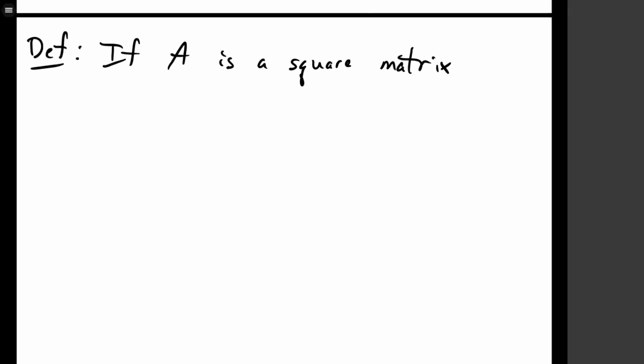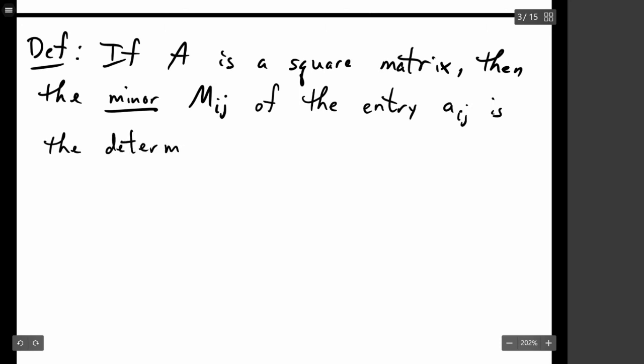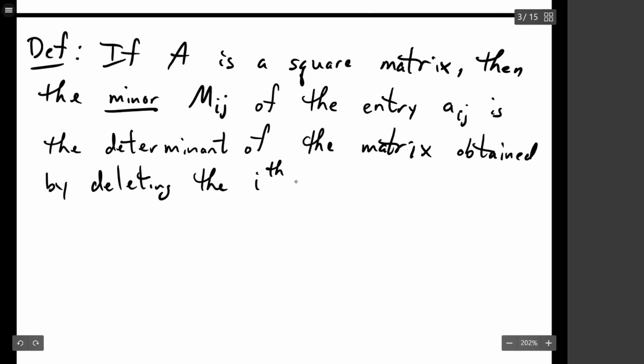Then the minor, which we call Mij, of the entry Aij, is the determinant of the matrix obtained by deleting the ith row and jth column of A.